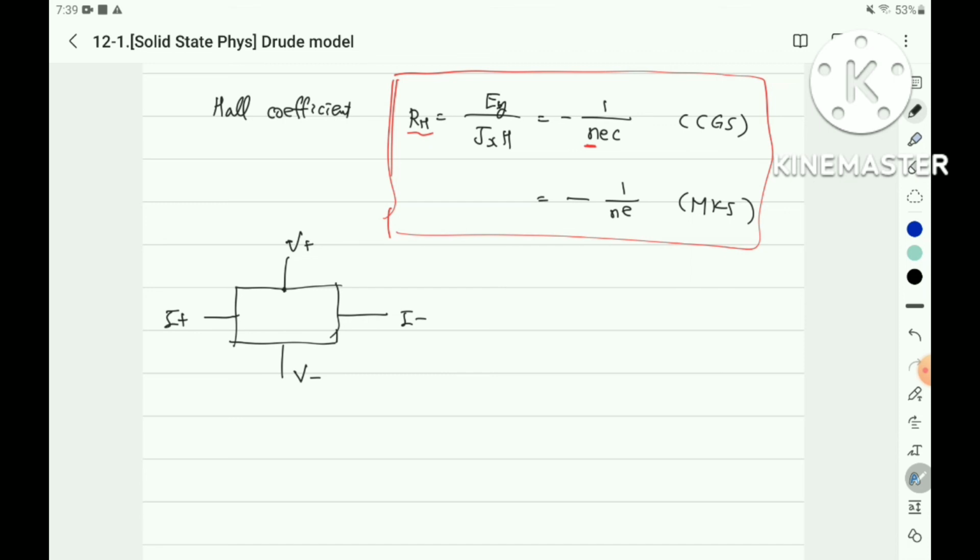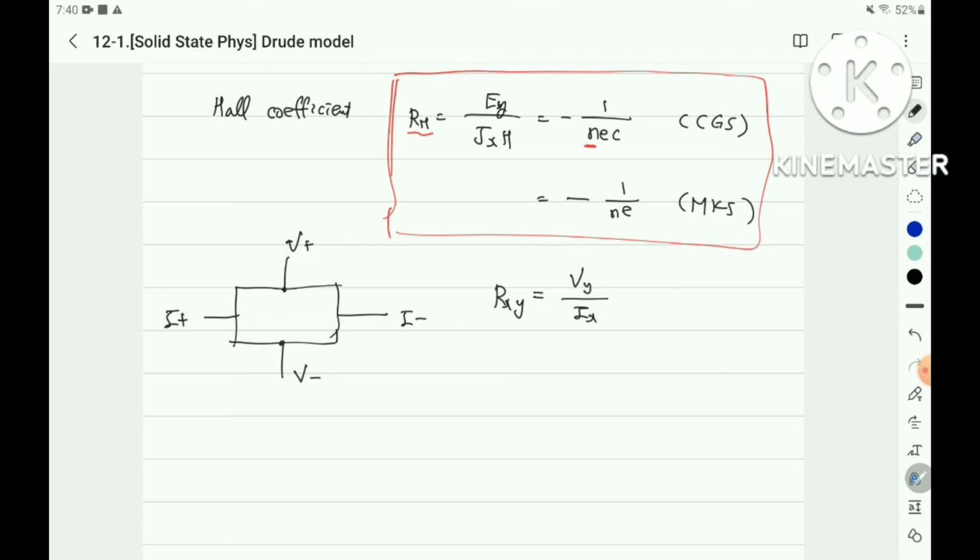Then we can calculate rho xy. Rxy means Vy over Ix.